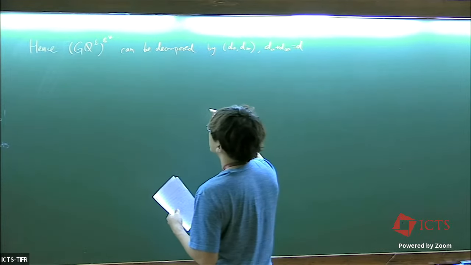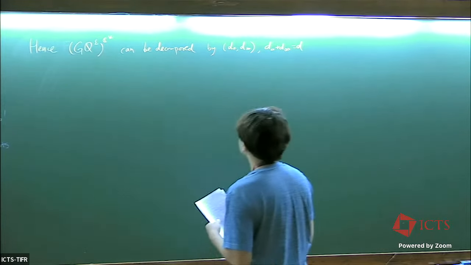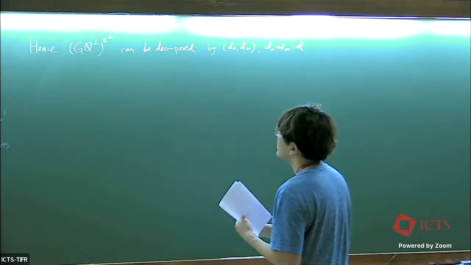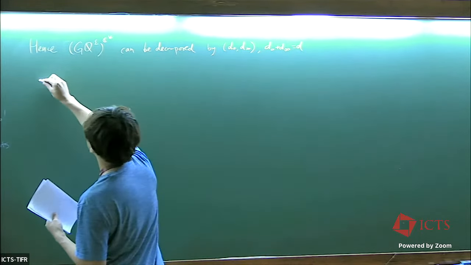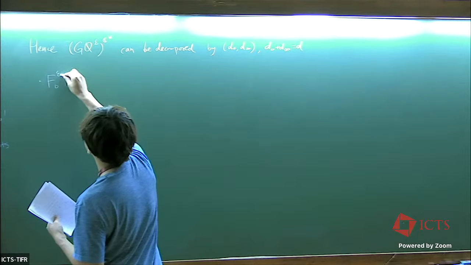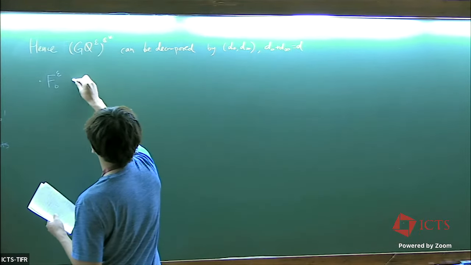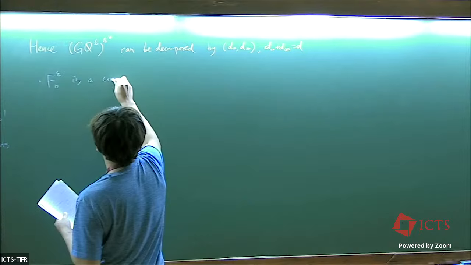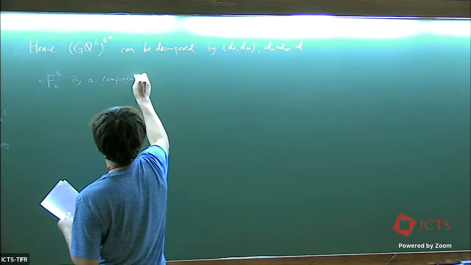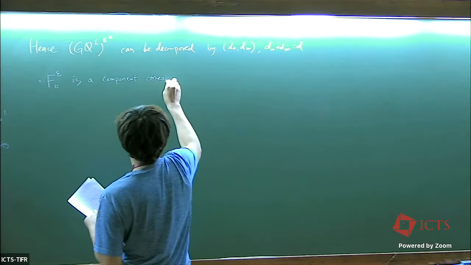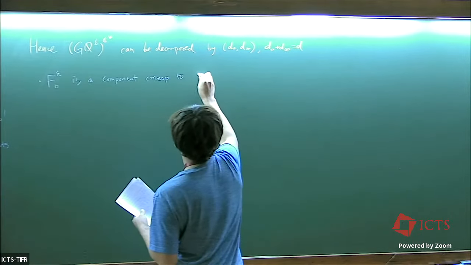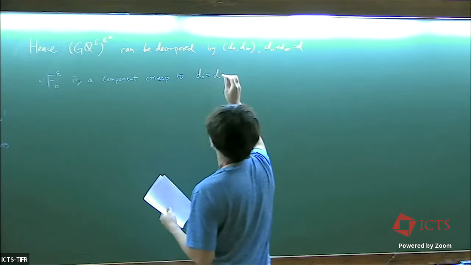We can decompose this fixed locus with such a label, and let F0 epsilon be the component corresponding to D0 when D0 is D.